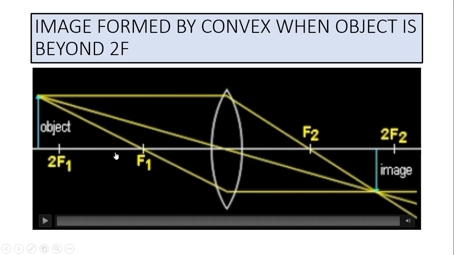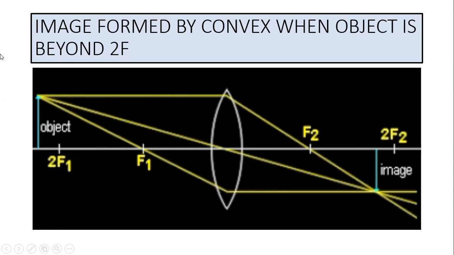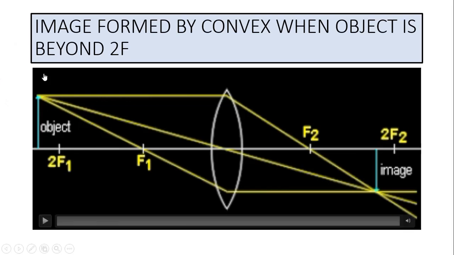When you take a candle and place it just beyond 2f, then we can get the image here. What is the nature of the image? I think you can understand here. Inverted, small, and the position is between f and 2f.